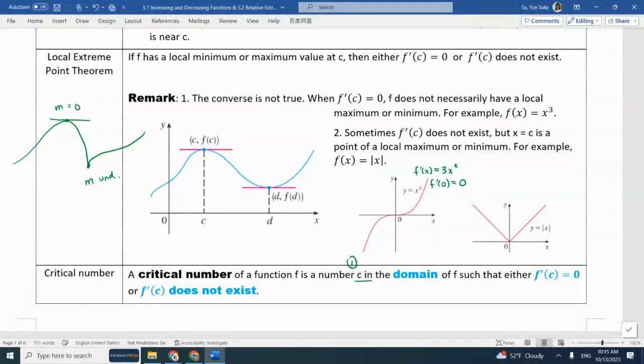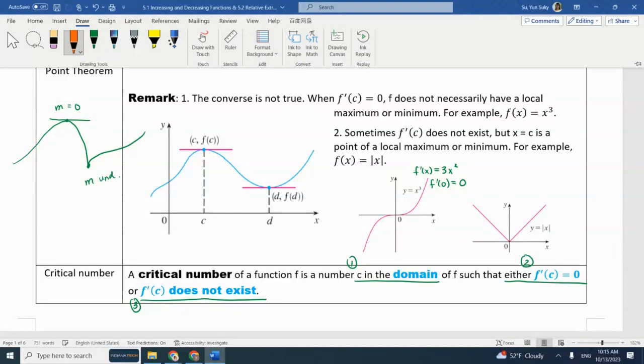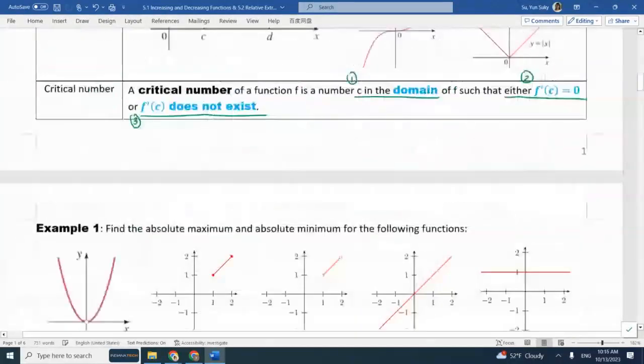First, it is in the domain, and then either the derivative is 0 or the derivative does not exist. You have to make sure of that. Okay, good. Now let's look at examples.